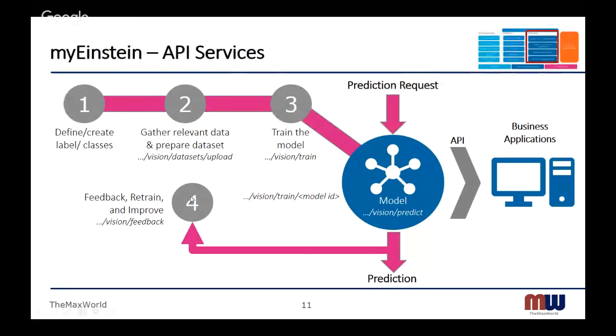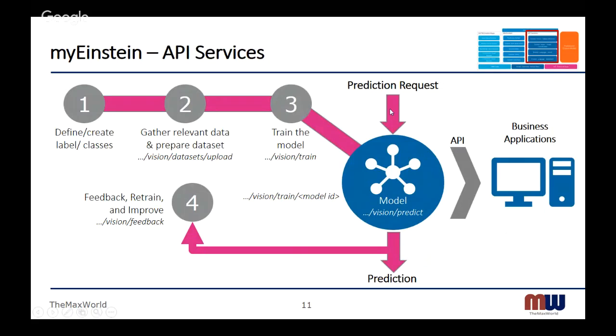There is a way you can provide feedback, you can retrain, and you can improve. The more you use, the more mature, the more correct your model is. And of course, then you can expose the whole thing as an API and start using it in applications like a service call, REST service call. So that's our API service.